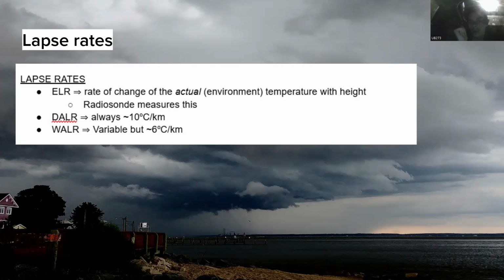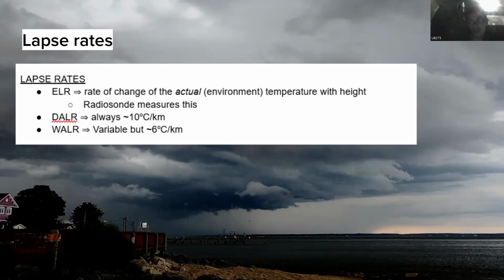So that's going to be the red line. That's the ELR. The DALR and WALR, that's the dry adiabatic lapse rate and wet adiabatic lapse rate, also sometimes said as moist adiabatic lapse rate. But the dry one is always about 10. Remember I said that. 10 degrees Celsius per kilometer.